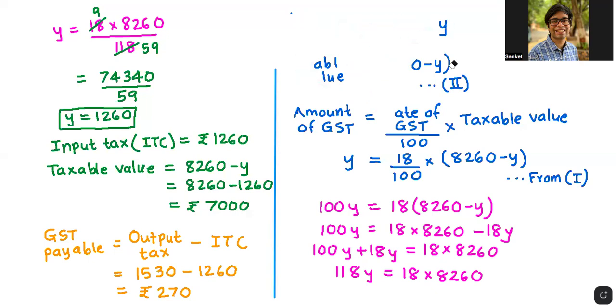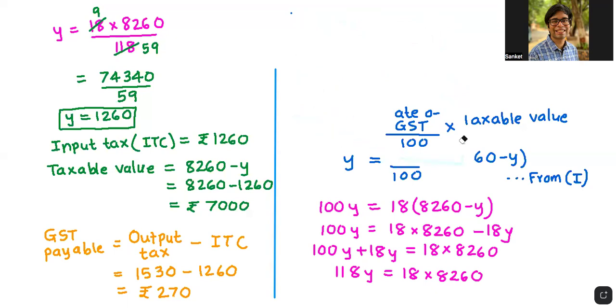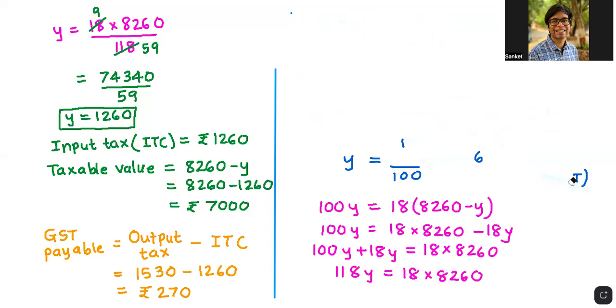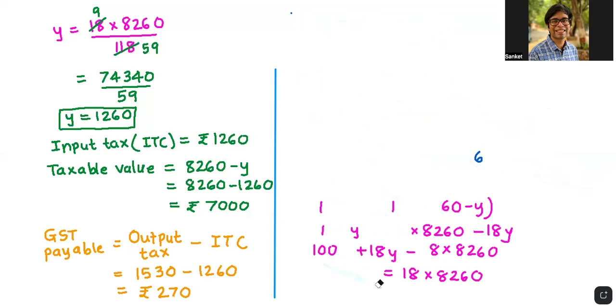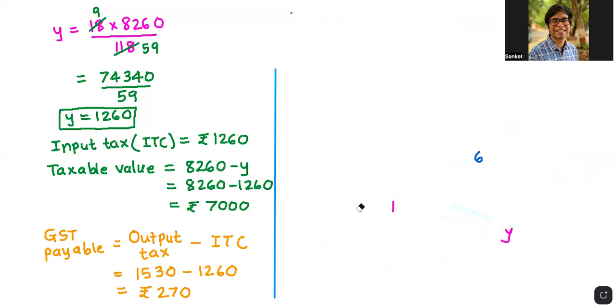The question asks me to find SGST and CGST. So for that, I first found the amount of GST payable, and now I will divide it by 2 so that I get CGST and SGST, that is payable by Lakshmi Electronics.